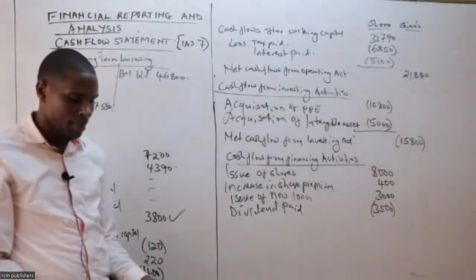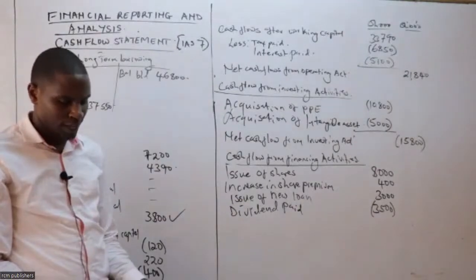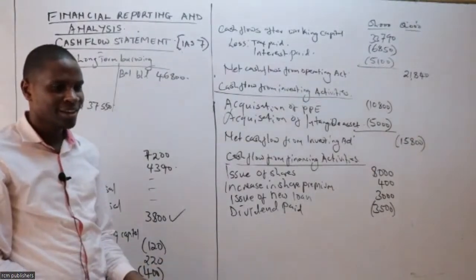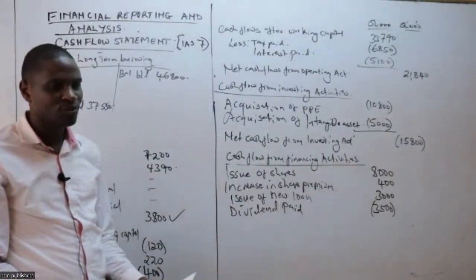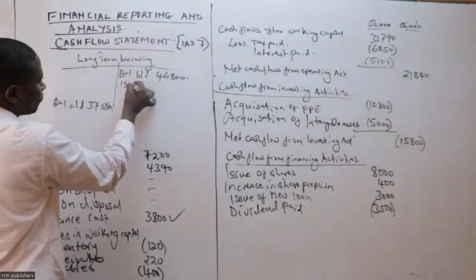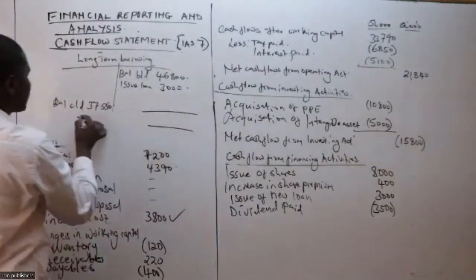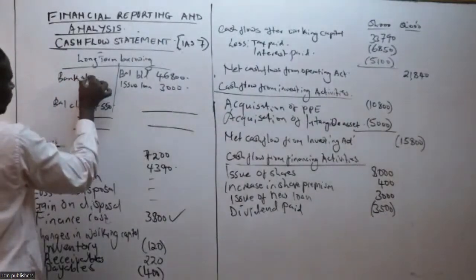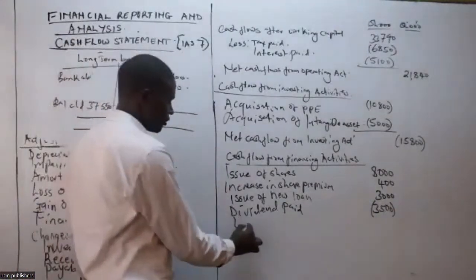What happened to our balances here? Do we reduce or increase? Look at that statement. It will guide you. Already Caroline inashaona hiyo. If you look at that statement, if we issue, it will increase our loan. So issue of 3,000. So the balancing figure means they paid loan.